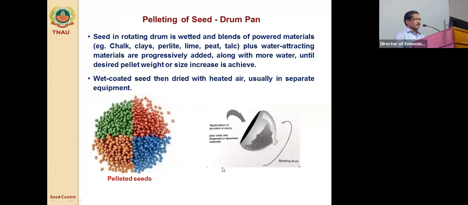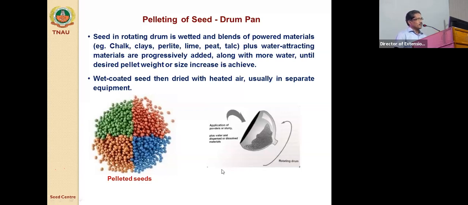After making a single layer, we again add one more layer of the adhesive, then again add some quantity. Likewise, for each and every layer we take the seeds and standardize it for germination. So we are increasing the size of the seed up to the 8th layer or 11th layer or 12th layer without affecting the seed germination process.